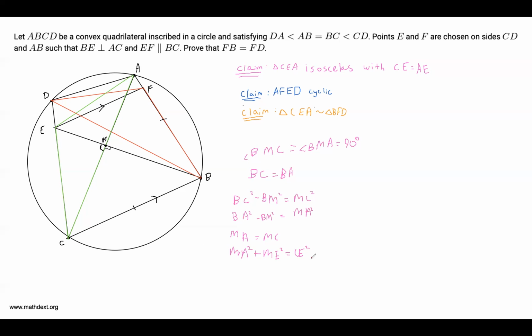No, sorry, excuse me, this is a C. MC squared plus ME squared is CE squared. MA squared plus ME squared equals AE squared by the Pythagorean theorem again. So CE is equal to AE.